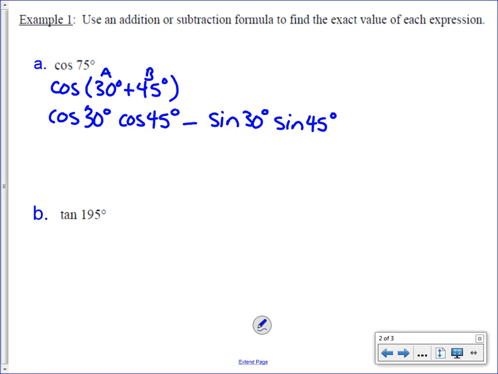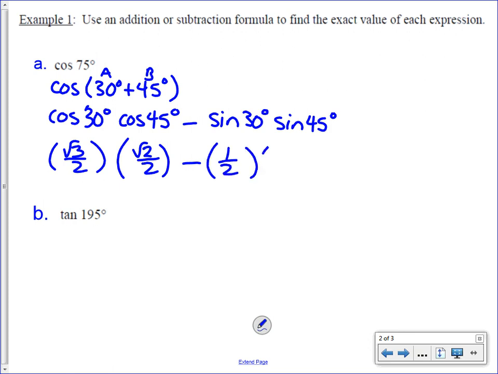Remember, 30 degrees is equal to pi over 6 radians, and cosine of pi over 6 is square root of 3 over 2, times cosine of 45 degrees. 45 degrees is pi over 4 radians, and cosine of pi over 4 is square root of 2 over 2, minus sine of 30, which is the same as sine of pi over 6, is 1/2, times sine of 45, which is square root of 2 over 2. Again, these are coming straight from the unit circle.